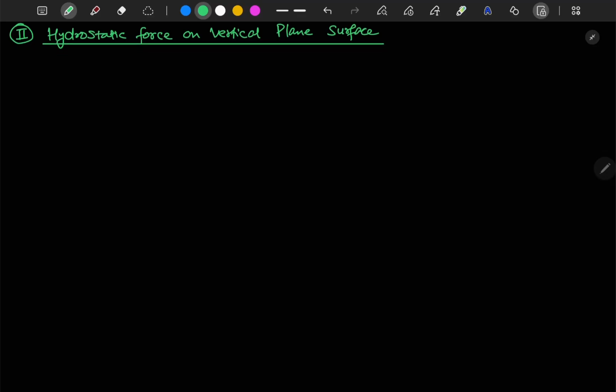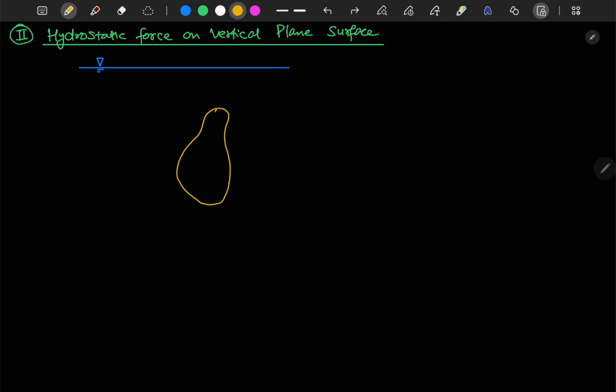Let's again consider an example. Say this is the free surface of the liquid, and inside the liquid there is some arbitrary shape. On this shape we have to calculate the hydrostatic force acting.